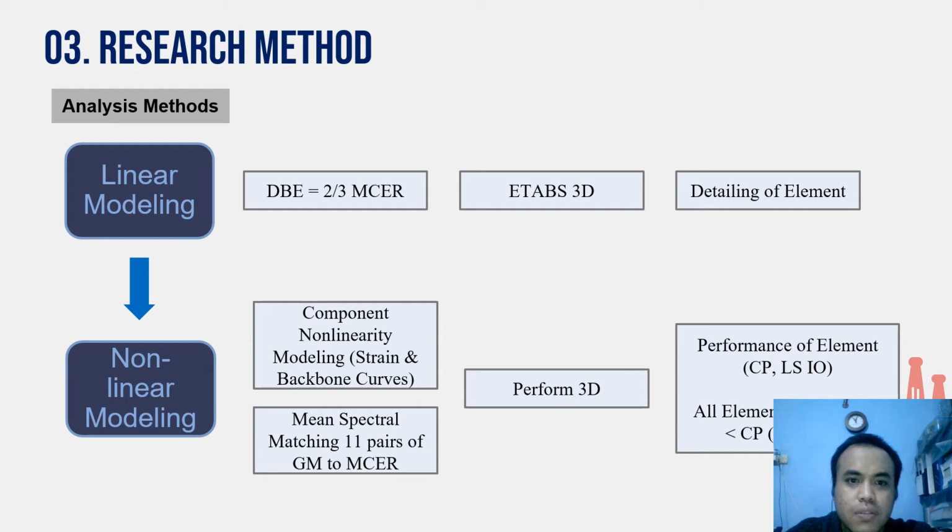The second is nonlinear analysis, modeling the nonlinearity of components using 11 pairs of ground motion using the Perform 3D program, and the result must not exceed the CP limit or collapse prevention limit based on ASCE 41.